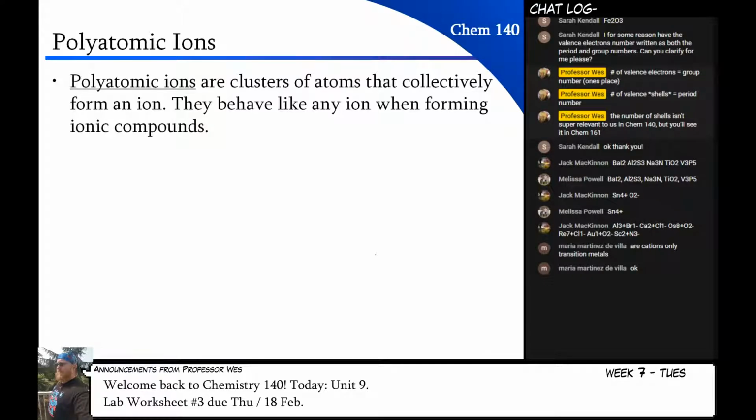On the giant chart of polyatomic ions, and I forget where your chart is. Let me find it really quickly. It's at the start of Unit 6.